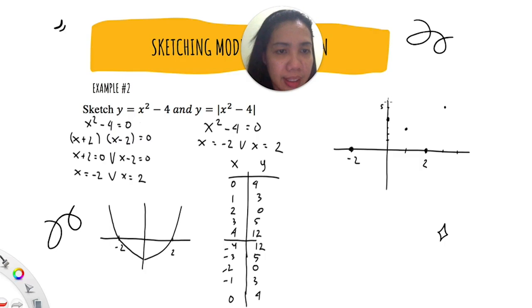So I'll extend this y-axis line. Supposedly this is 12. So this is 4, and this is 12. Actually, the graph on this right side is like this.